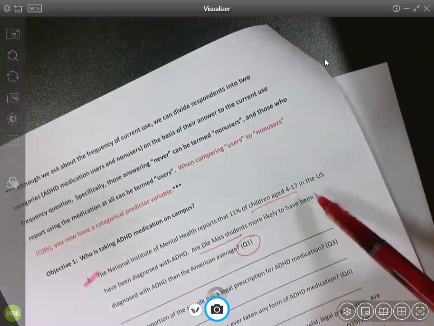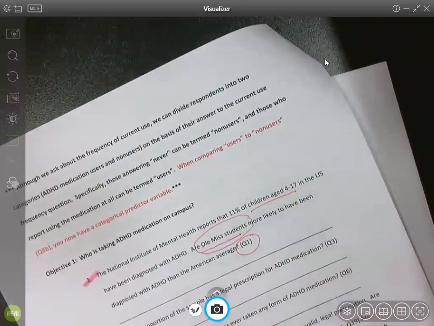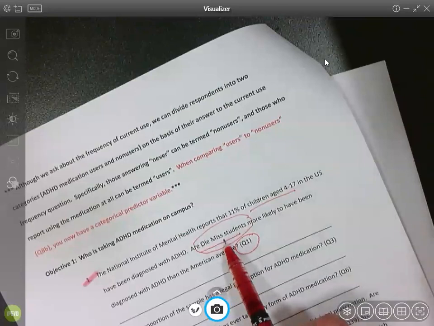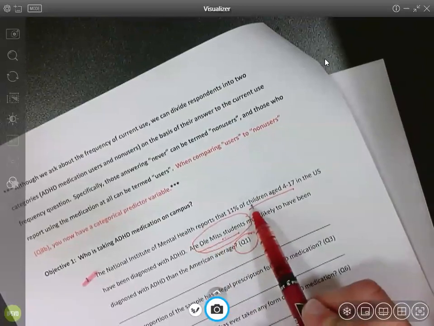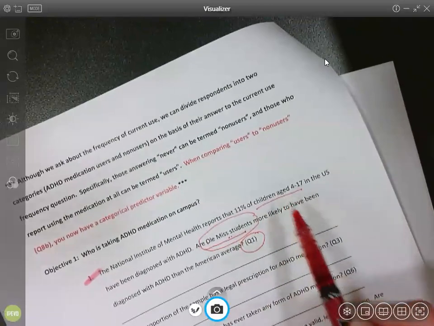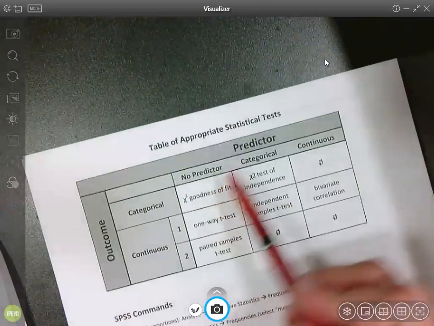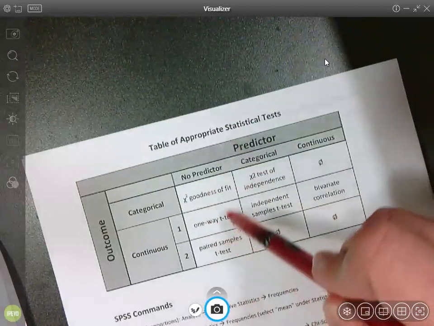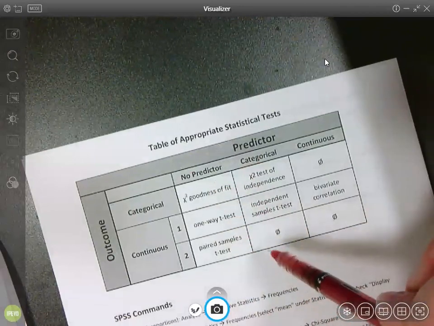They did not. So we are not dividing our sample into groups. We're looking at all Ole Miss students, and we're asking, are the answers provided on our survey from everyone who took the survey different from this external reference point? So I have no predictor. I'm not dividing my sample up into groups. My answer now has to be one of these three things: a chi-square goodness of fit, a one-way t-test, or a paired samples t-test.